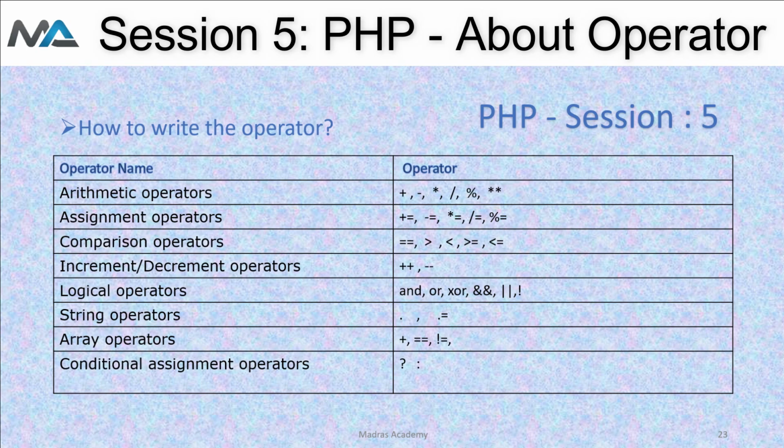Otherwise, you just go through that video also. Okay, at that time I used a dot operator. And dot equal to operator also, how to use it and where we need to use it, I will tell you later. And here we are going to concatenate the string using this dot and the dot equal to operator. Okay, in the practical session how to use it, we will see that.